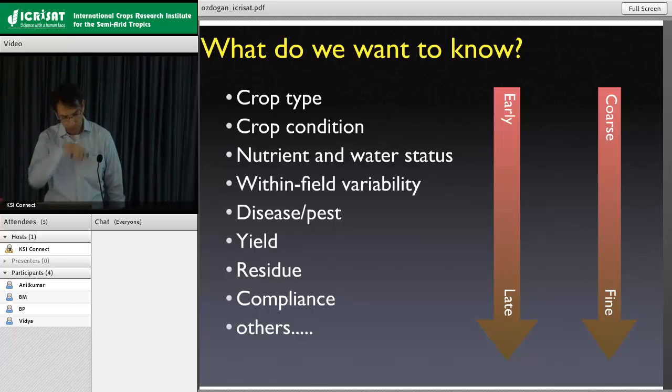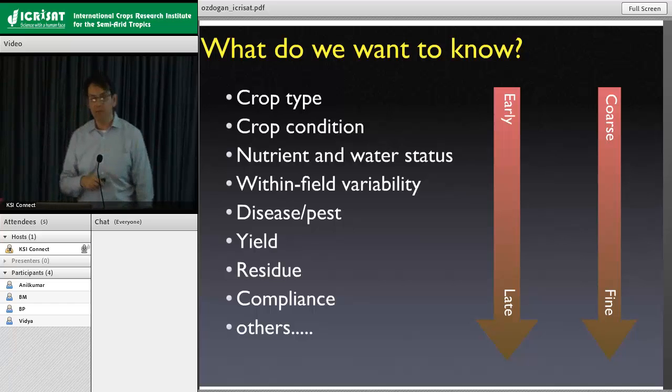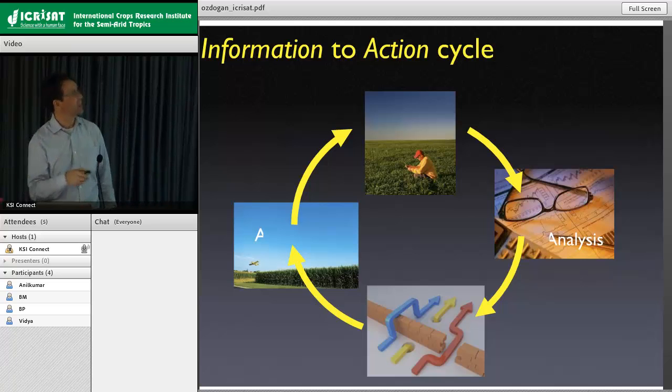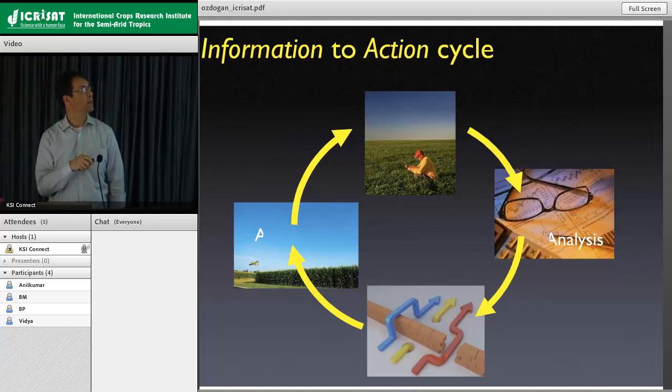And there's this idea of an information to action cycle, right? This is where remote sensing comes in. It's just a data collection platform. Then we take those data, analyze them, and come up with some decisions. Hopefully those decisions lead to some application, and then the cycle begins again.